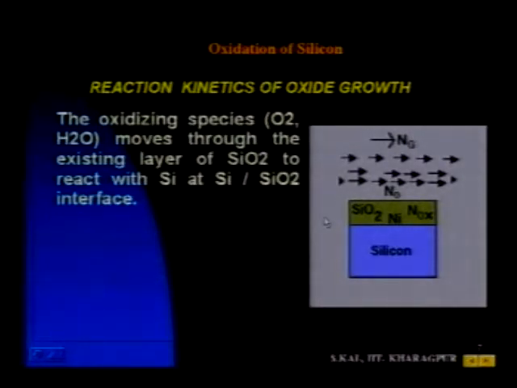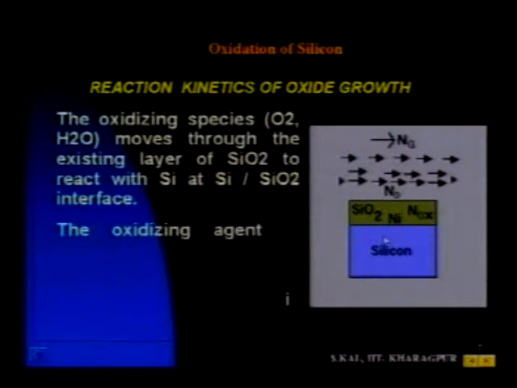And I also mentioned that once a layer of silicon dioxide is formed, then in order to have further reaction, this oxidizing species must first diffuse through this already existing silicon dioxide, then they will come in contact with the oxide and silicon interface, and then they will react with silicon, and as a result silicon dioxide will be formed.